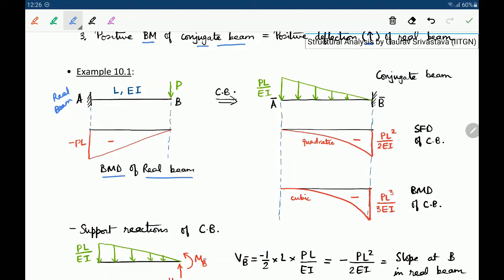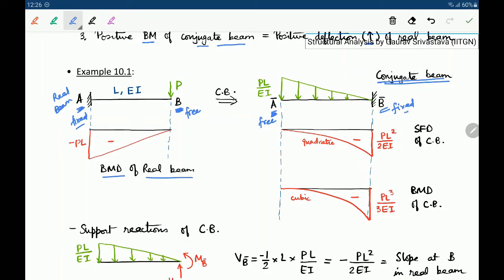Okay, now when we formulate the conjugate beam for this particular situation, let's say the support A becomes A bar, and since support A was fixed, at A bar we have a free end. And the end B, which was free earlier, becomes B bar, which is fixed. Okay, so a fixed end becomes a free end in the conjugate beam, and a free end becomes a fixed end.